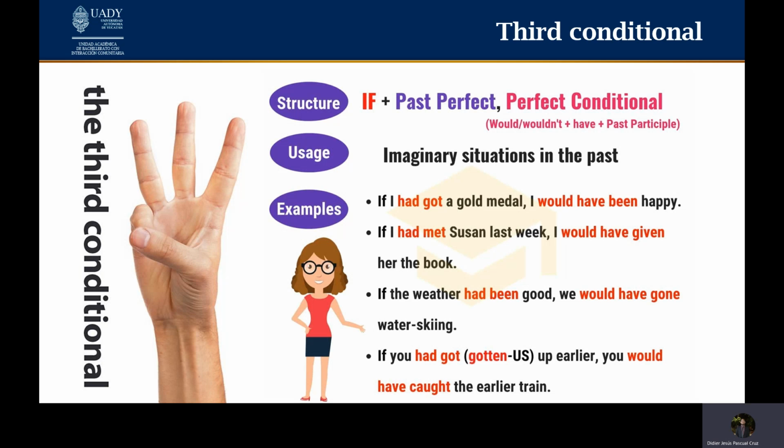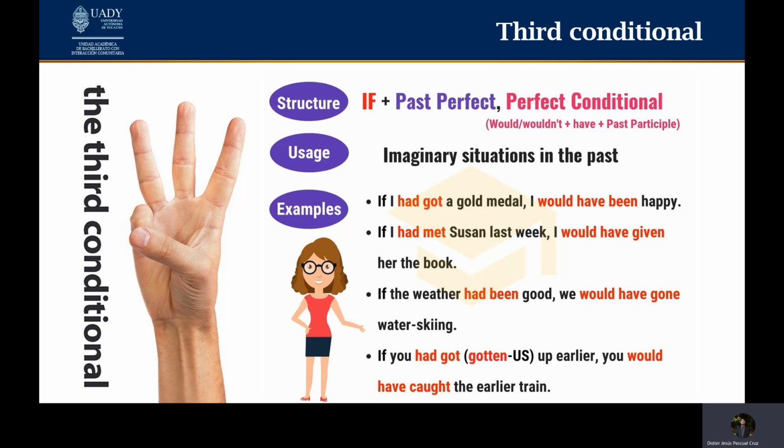That means that we need to use the past structure, the structure we saw before. For example, if I had got a medal, I would have been happy. That means that you didn't get the medal and you weren't happy. And if I had met Susan last week, I would have given her the book. That means you didn't meet Susan and you didn't give her the book.